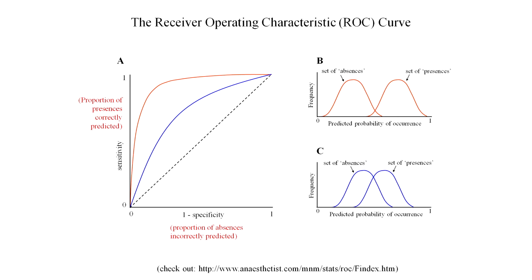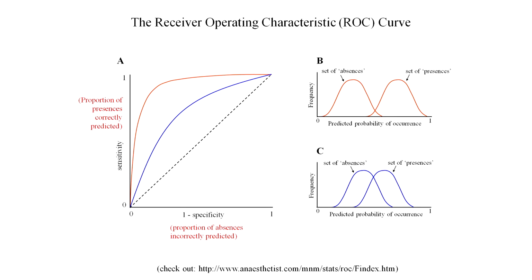Now, if we had the perfect model, if these two frequency plots are totally distinguished from each other, as I said, we would expect to reach a point where we could distinguish all of the presences from all of the absences. So if it was a perfect model, we would expect to reach the point where we're here.